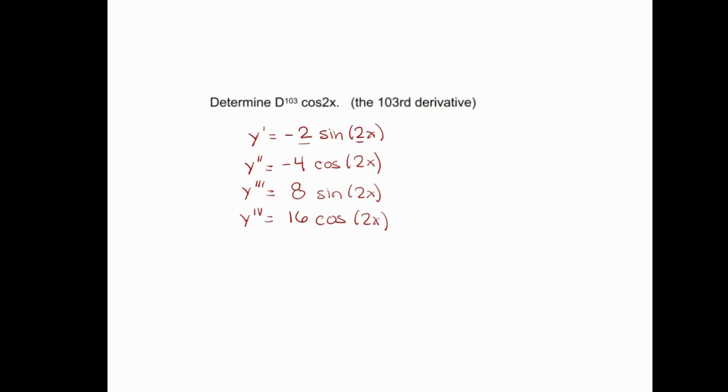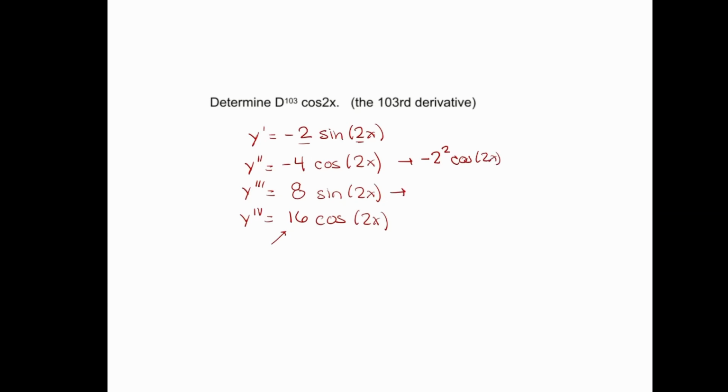And the reason we're not seeing a pattern develop is because our leading values are constantly changing. This is where we need to start thinking about these as exponents with a base of 2. So our second derivative here would be, we could say, negative 2 to the power of 2 cos 2x.